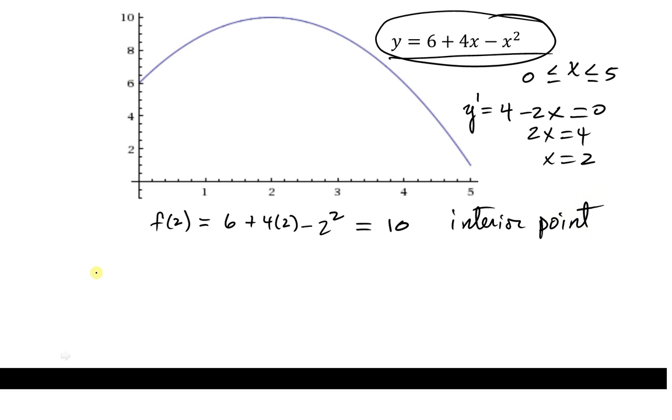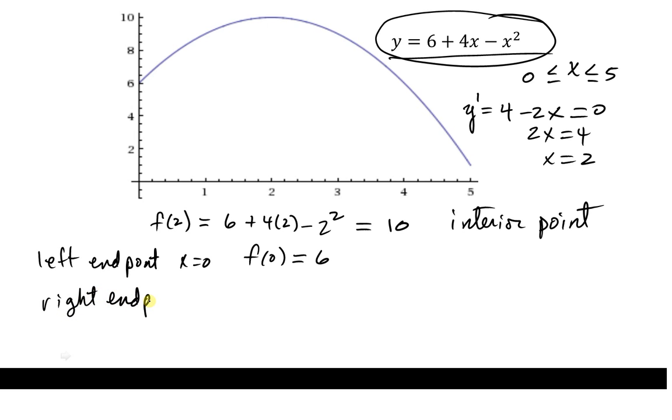And then we need to look at the left endpoint, which is x equals 0. f at 0 obviously is 6. And then we're going to look at the right endpoint, which is x equals 5.